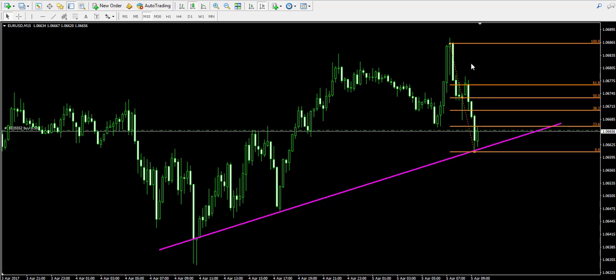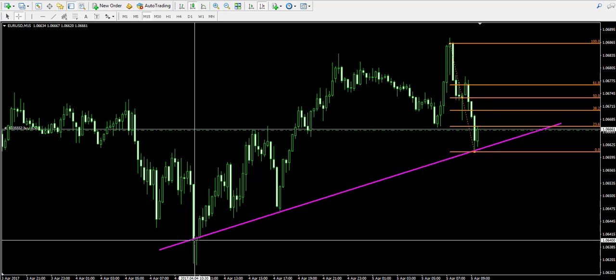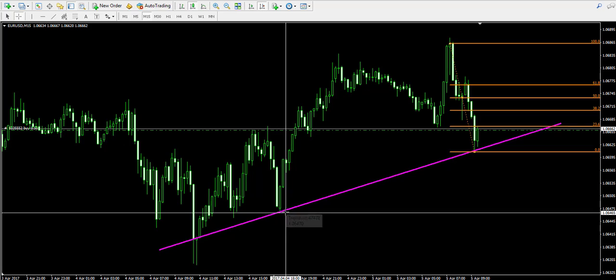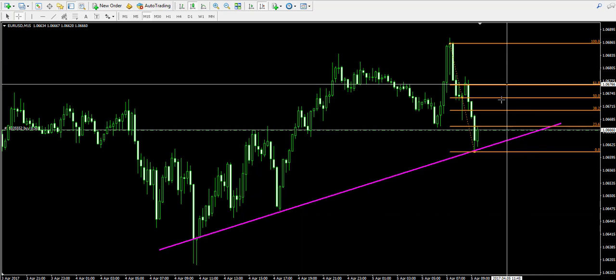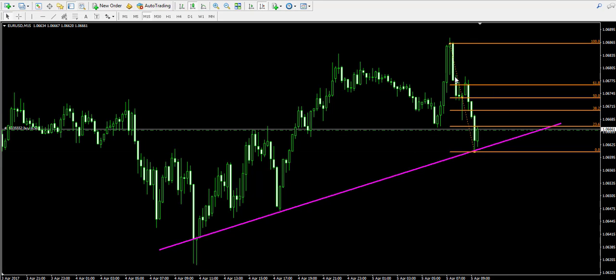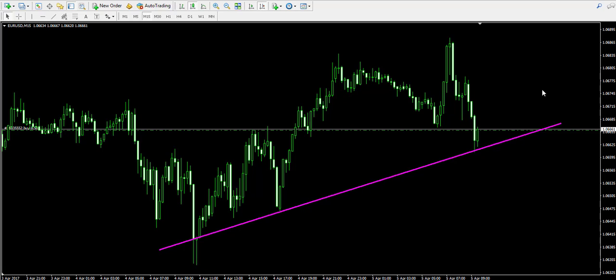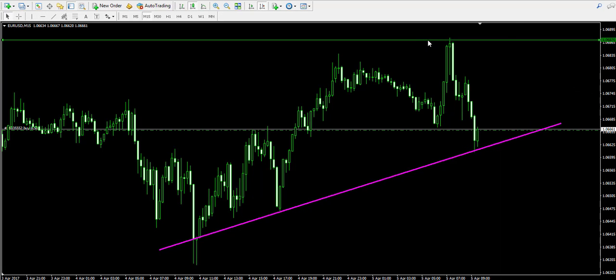I do this because according to the Elliott Wave Theory, the fifth price move, so this is 1, 2, 3, 4, the fifth price move, which I am currently trying to trade, is likely to be at least as big as the previous correction on the chart.